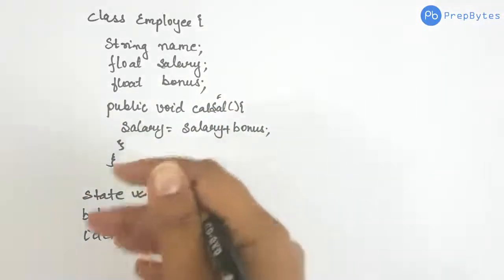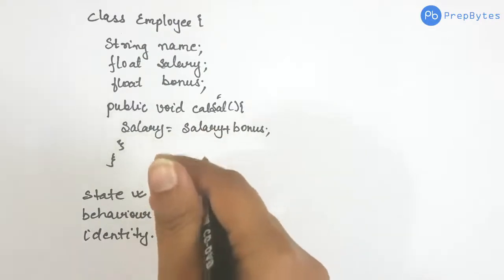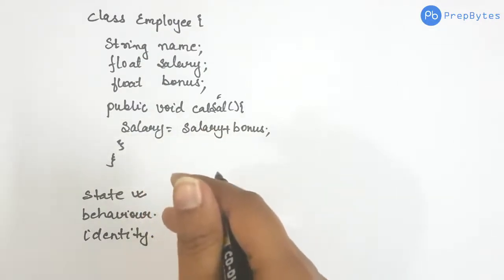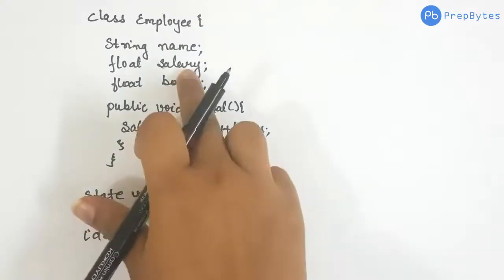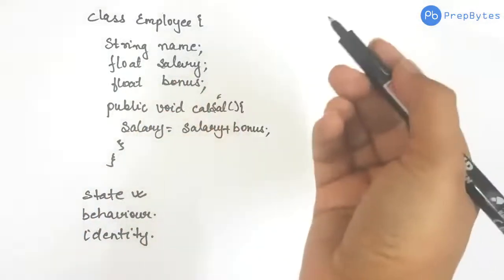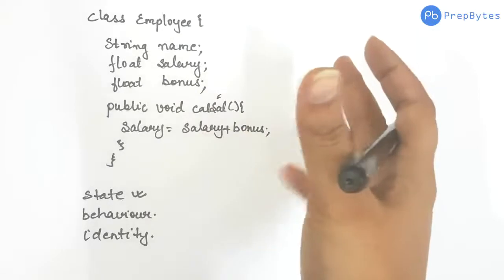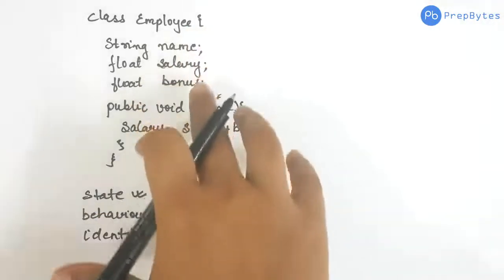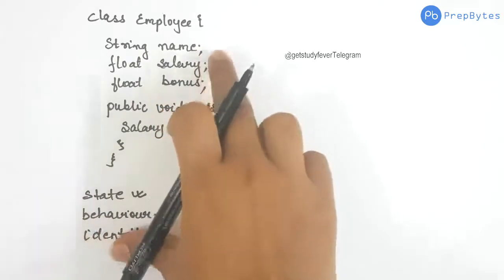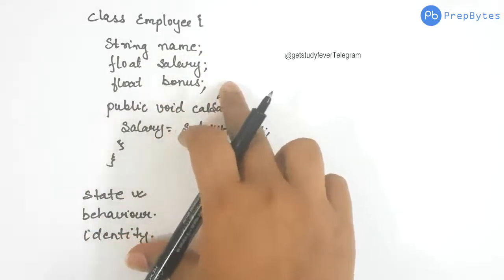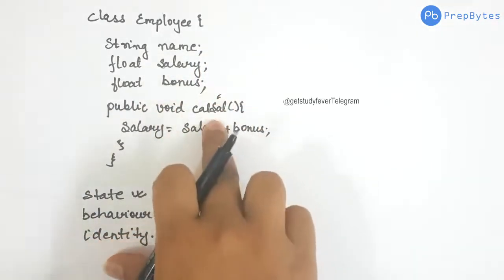State is how different variables of an object change, or the state of an object changes based on the methods. So in this case, initially let's say my salary is 1000 and my bonus is 2000, so initially my state is that name is Ram, salary is 1000, bonus is 2000, and let's say I call this function calculate salary.